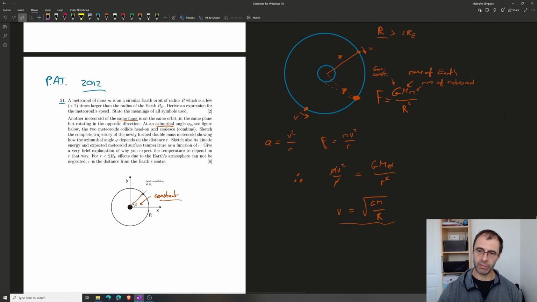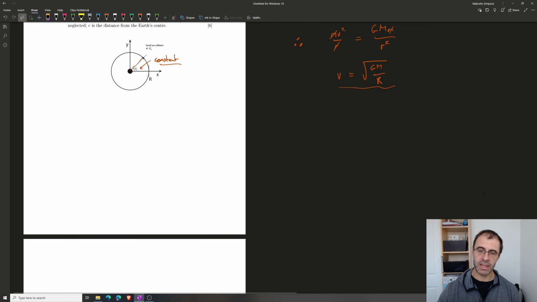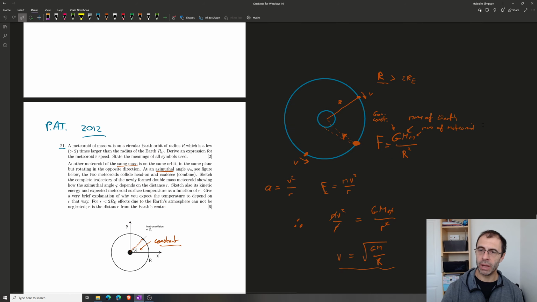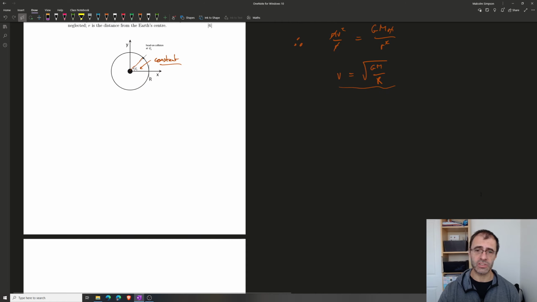So let's have a careful think about what's happening. The first thing to note is my combined meteor is basically going to be turning gravitational potential energy into kinetic energy. So what we've got to think about is how much gravitational potential energy it starts with, and in what way that is changing as it falls. Gravitational potential energy is given by this equation.